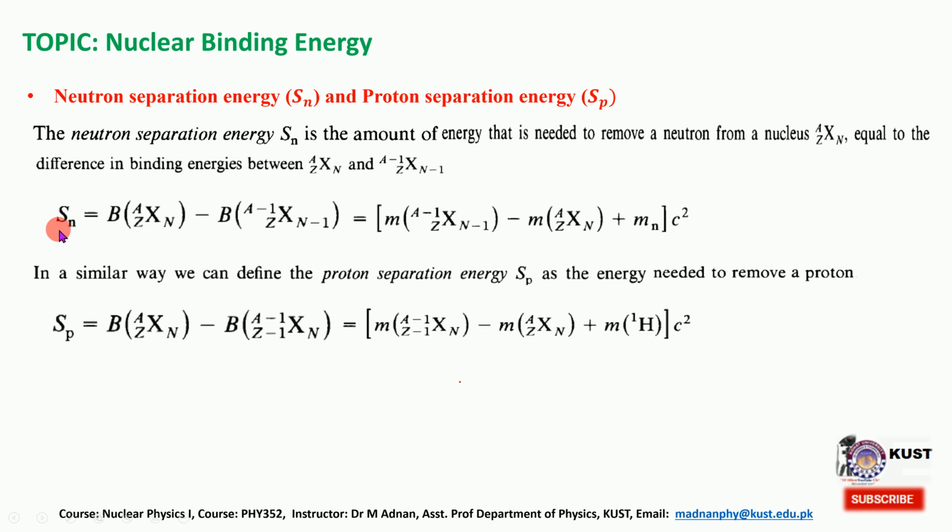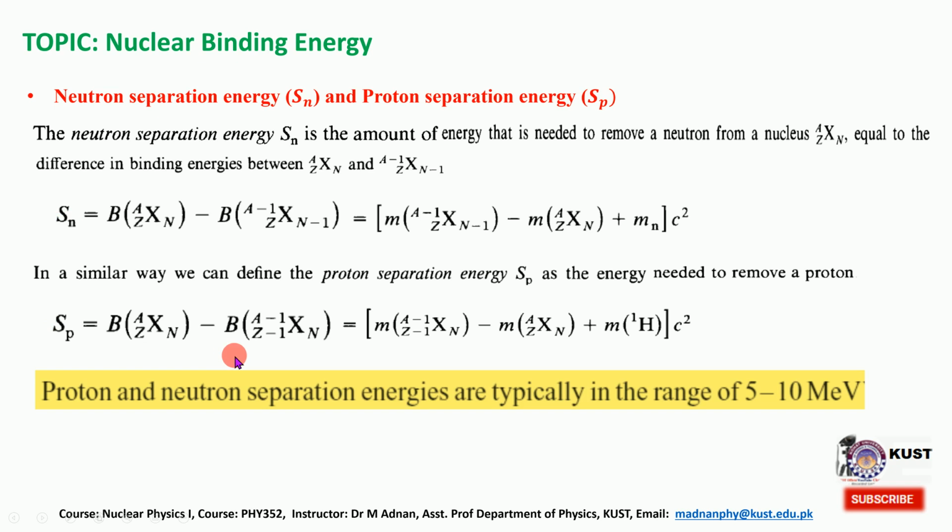And on the coming slide, we will see a trend of these separation energies for the neutron and also for the proton. Before going into that, the proton and neutron separation energies are typically in this range, that is 5 to 10 mega electron volts.